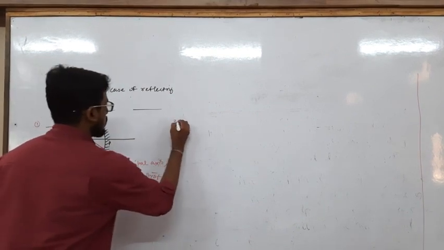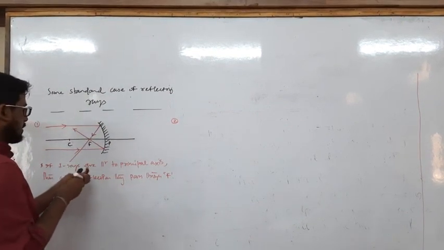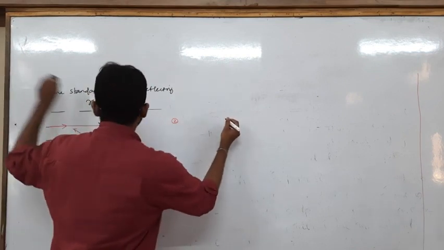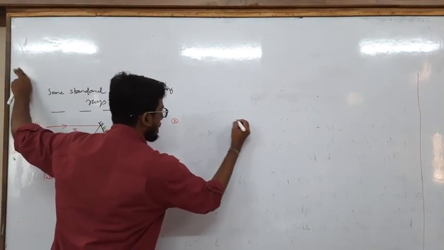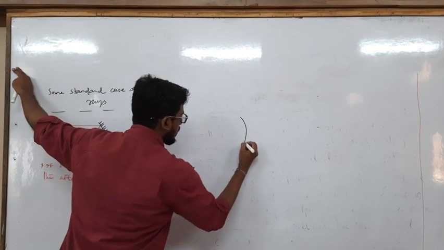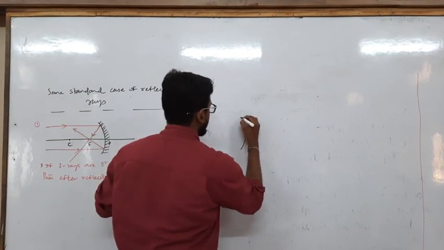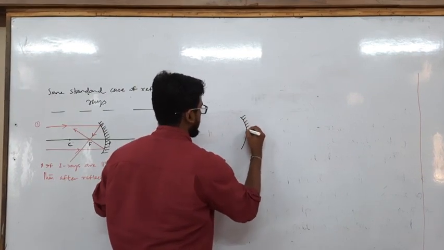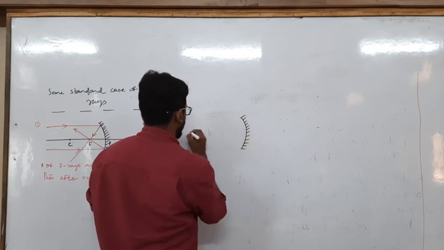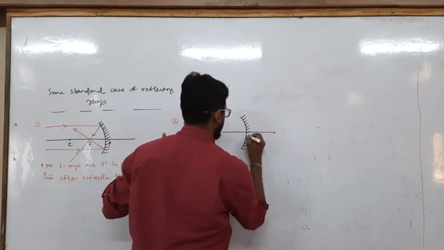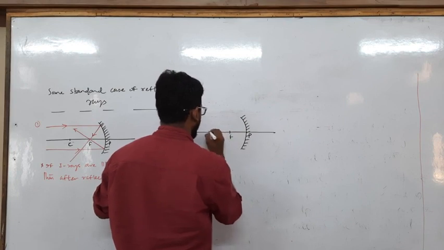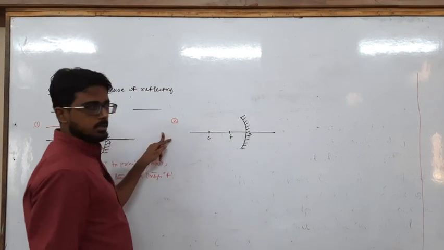Then case number 2. This is the mirror, this is the principal axis, focus and center of curvature.